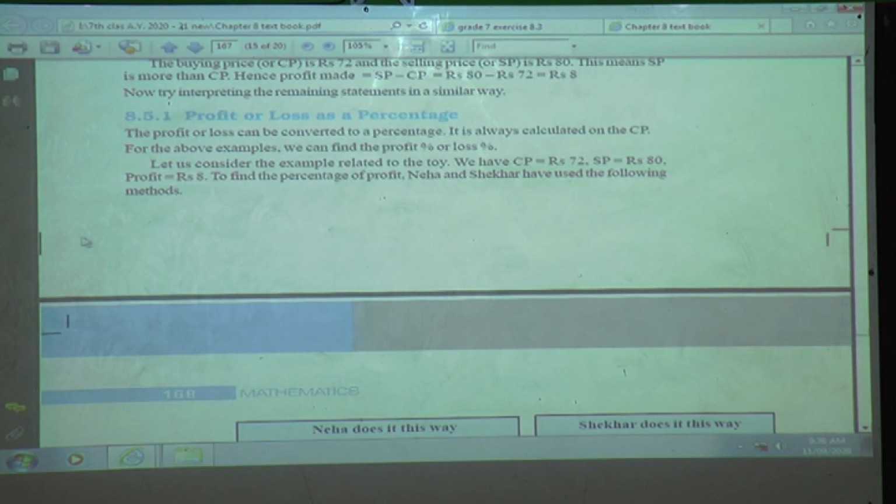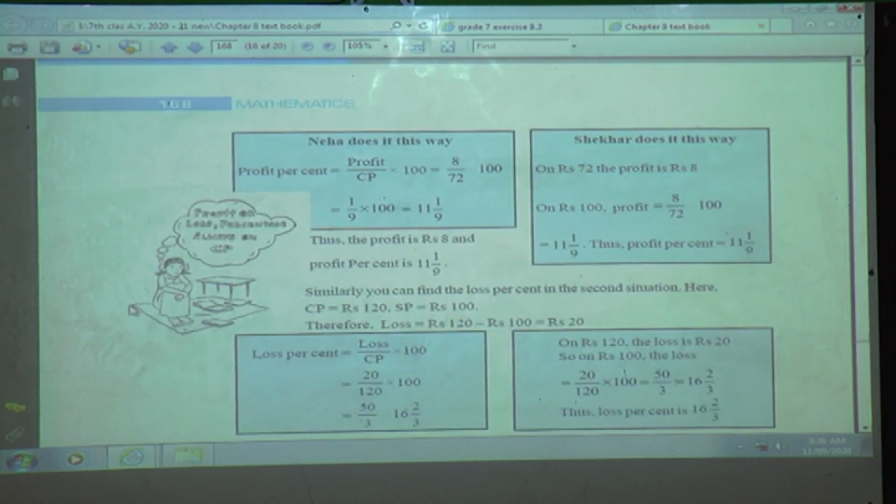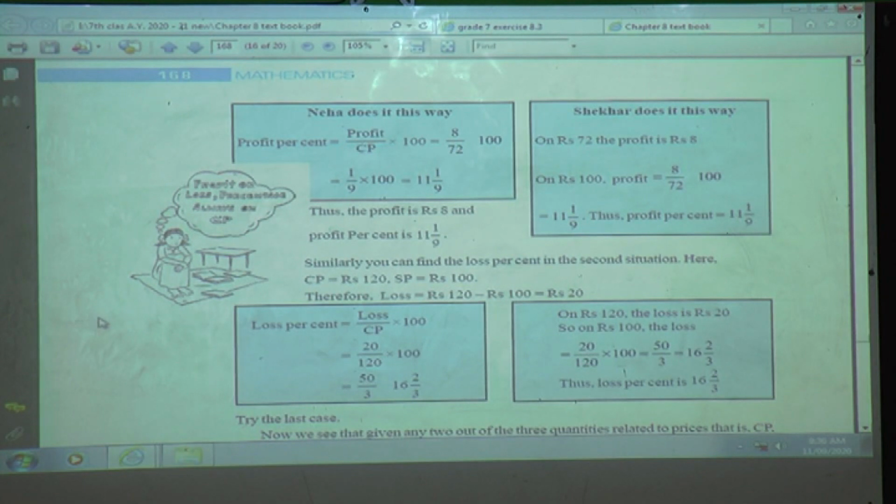Here we have two methods to find the profit percentage of the same toy, which was purchased at rupees 72 and sold at rupees 80. So we have two methods.